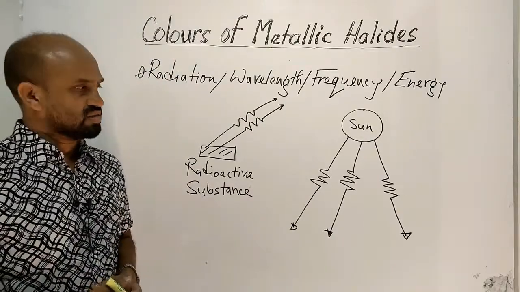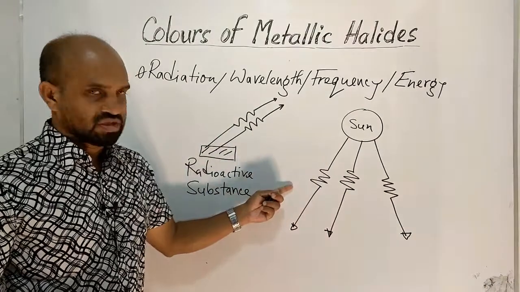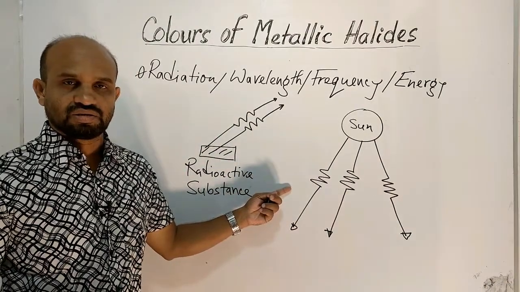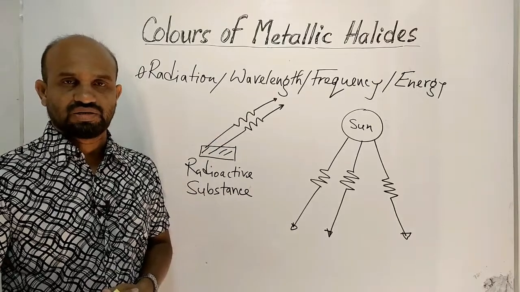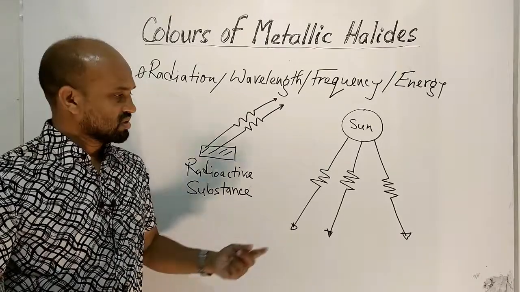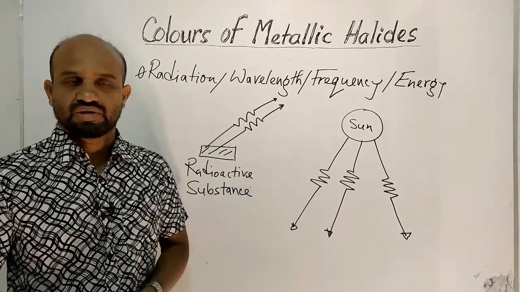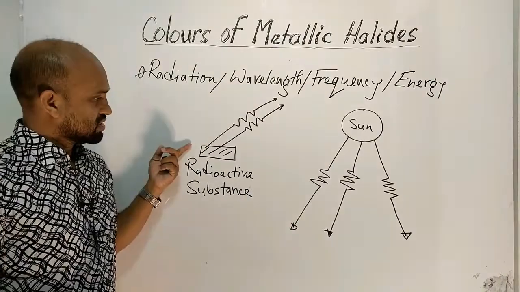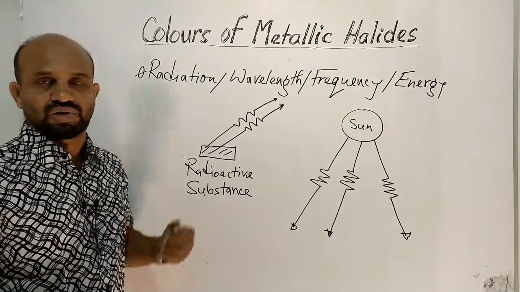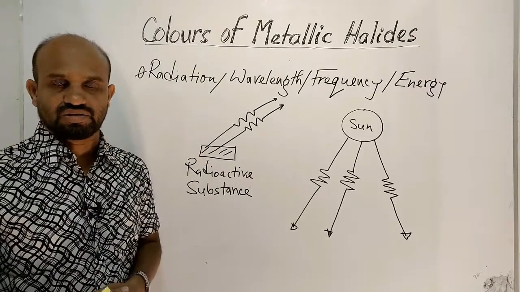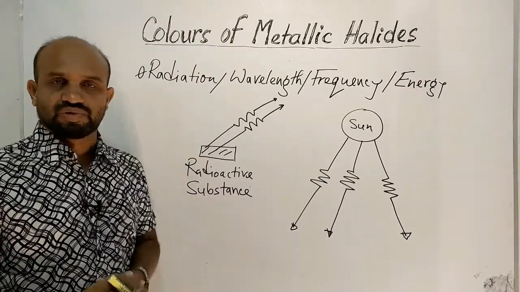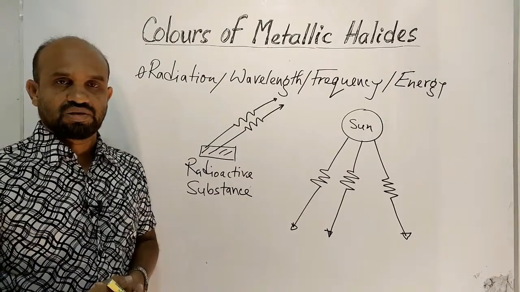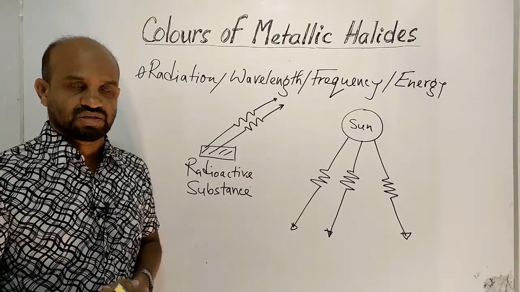Radiation is defined as the rays that are coming out as heat or energy are called radiations. In other words, the powerful and very dangerous rays that come out from radioactive substances are called radiation.